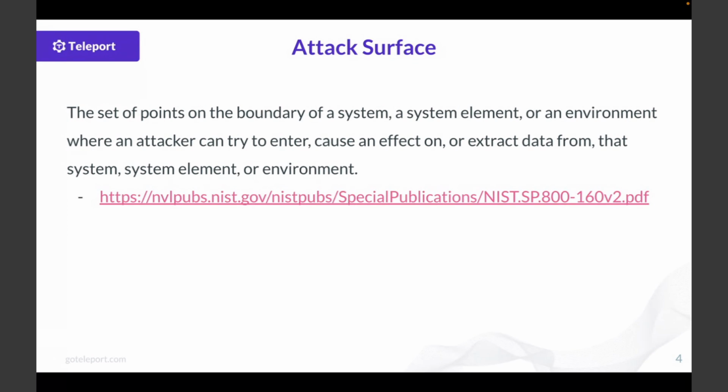In other words, an attack surface is really describing all of the potential vectors for exploitation. It's all the different ways that an attacker could potentially get into some kind of system, some kind of data environment, etc.